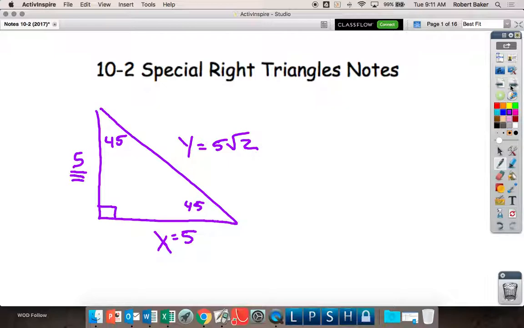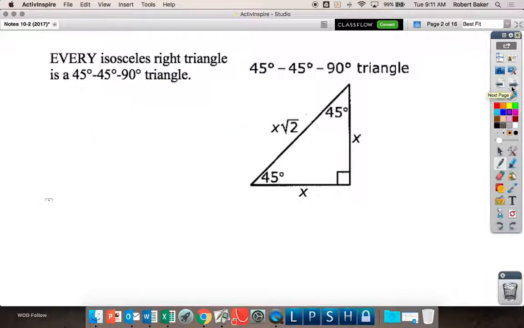So we'll explore this one for a little bit. You notice it says every isosceles right triangle is a 45, 45, 90 right triangle. So pick a number for x, besides 5. We just did that one. 7.